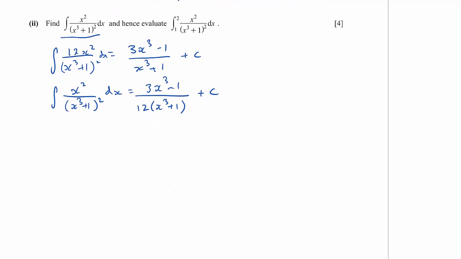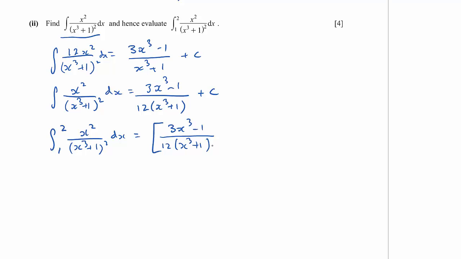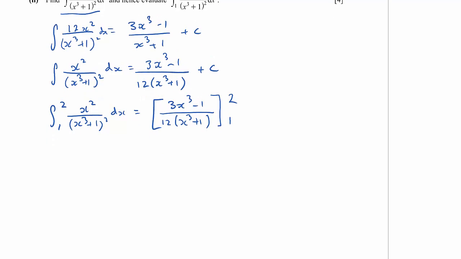So now the definite integral based on that, the integral from 1 to 2 of x squared over x cubed plus 1 squared, is going to be 3x cubed take away 1 over 12 times x cubed plus 1, evaluated from 1 to 2.